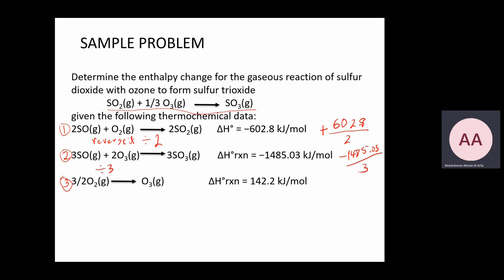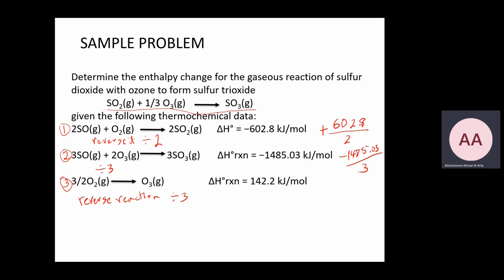Okay. And next, the last question is, I want also ozone here. I want 1/3. What I have here is 1. Not only that, and this one is in the reactant, I want it to be product. What should I do? Reverse the reaction and divide by 3.